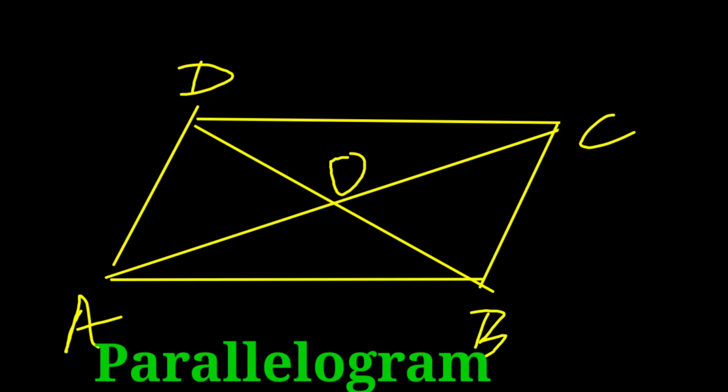Remember, here the angles are not 90 degrees. You can practice it in your exercise book or copy. AC and BD are the two diagonals which intersect each other at point O.